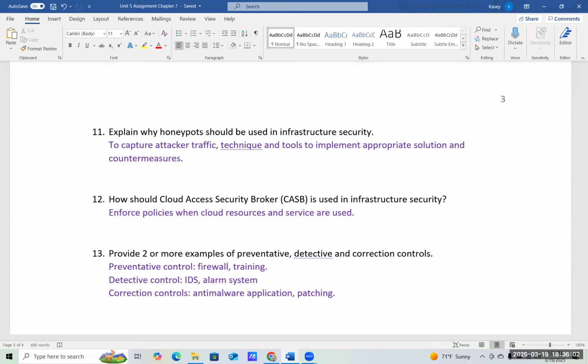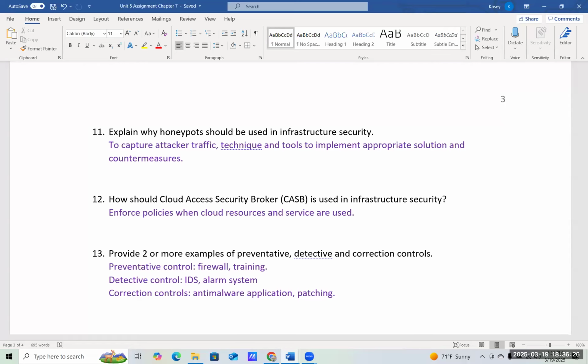Detective control, right? Going into intrusion detection system logs and see what event had occurred. Also looking at surveillance or alarm system, like let's say you have a video surveillance system. Detective control is if you're looking at it live and you see someone entering your building, that's not authorized.